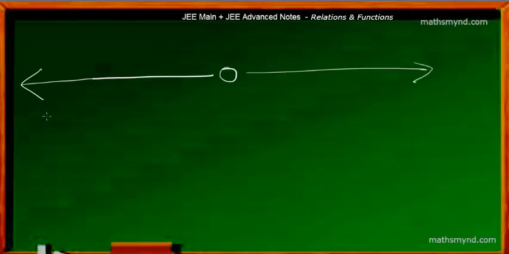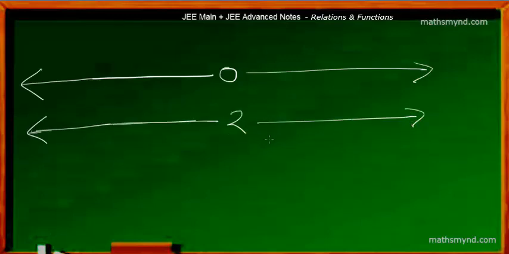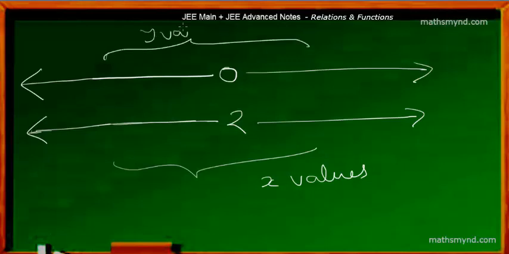On this number line, this 0 means there ought to have been 4 here, but we are only getting 0 because of this particular condition of the function. And this 2, of course, is the x values, the input values, where the variable is of independent nature. This is the y values, the output values, what the function does to the input value.